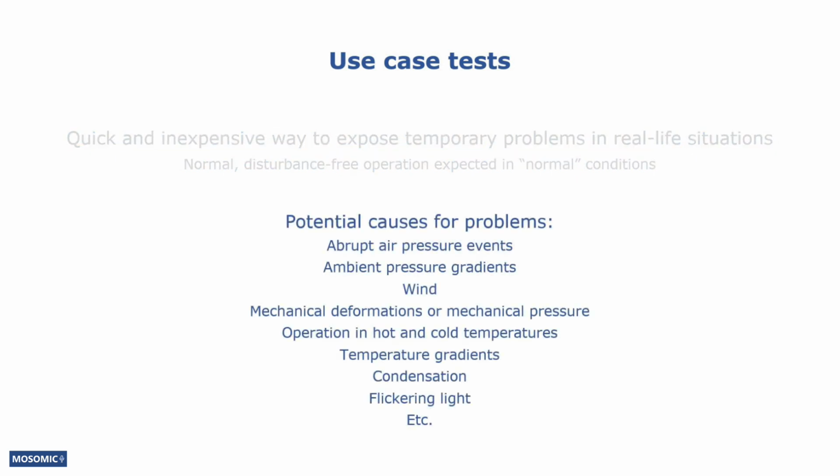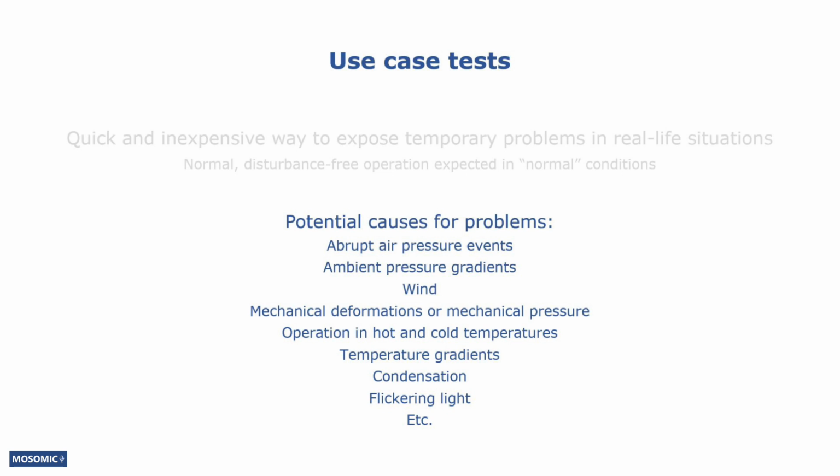There's a wide variety of things that could cause problems. They are, for example, abrupt air pressure events, ambient pressure gradients, wind, mechanical deformations or mechanical pressure, operation in hot and cold temperatures, temperature gradients, condensation, and flickering light.